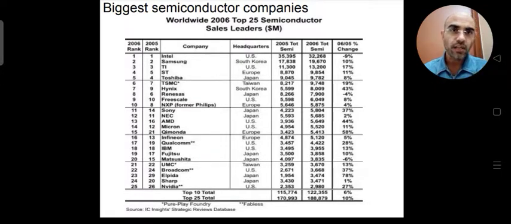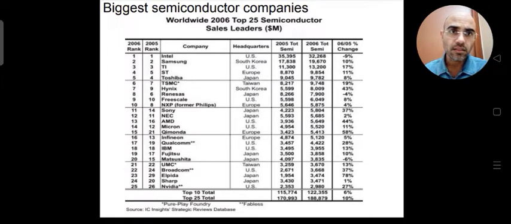Okay, so these are very well-known companies like Intel, Samsung, Toshiba, then Sony, then AMD. Many of these companies you might have heard about as well. Okay, so Nvidia and Broadcom, Qualcomm, Mitsubishi, and Matsushita.